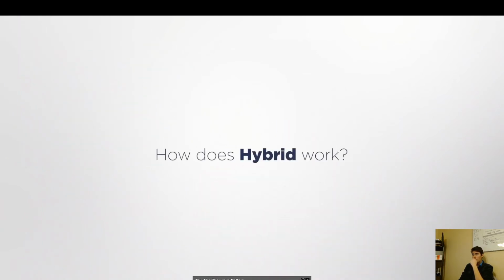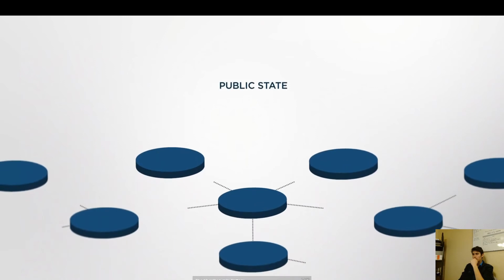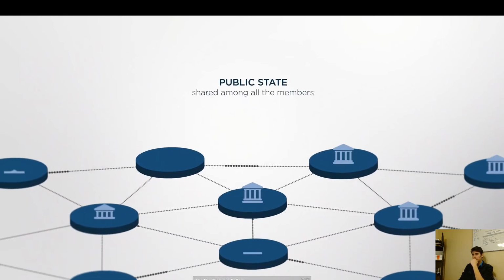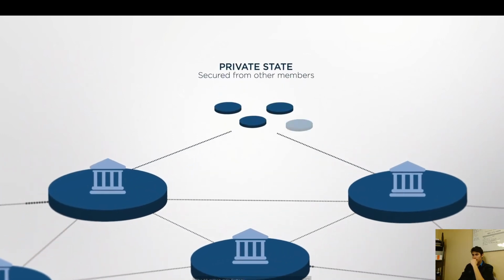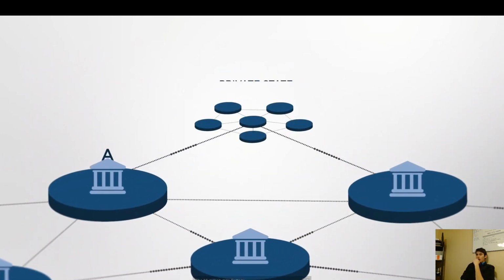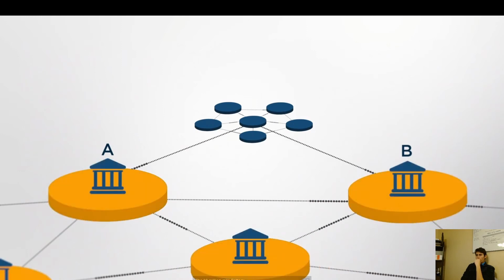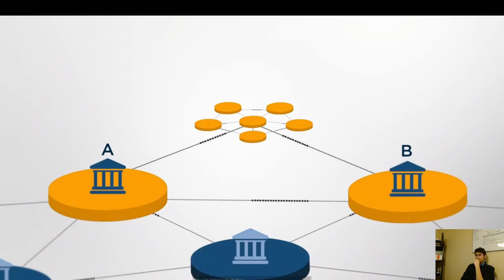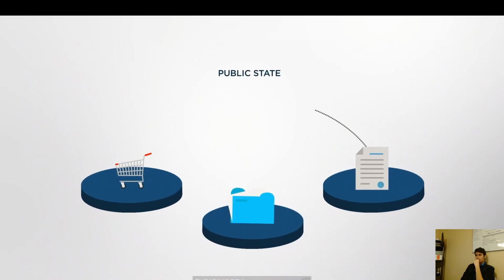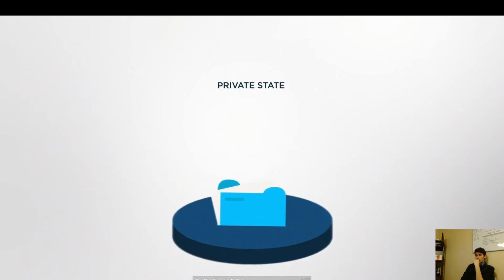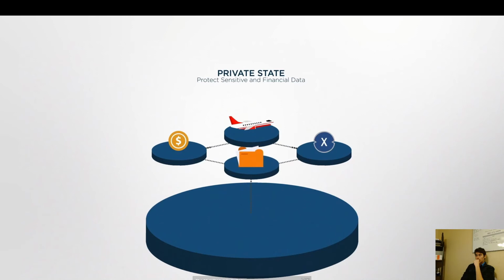So how does hybrid work? The network has a public state that is shared by all members. Additionally, enterprises can host private subnetworks. So with Enterprise A and B, each will have the public state plus their own unique private state. The public state can be used to share basic data securely and transparently across the XDC network. The private state can be used to protect sensitive or financial data from the outside world.